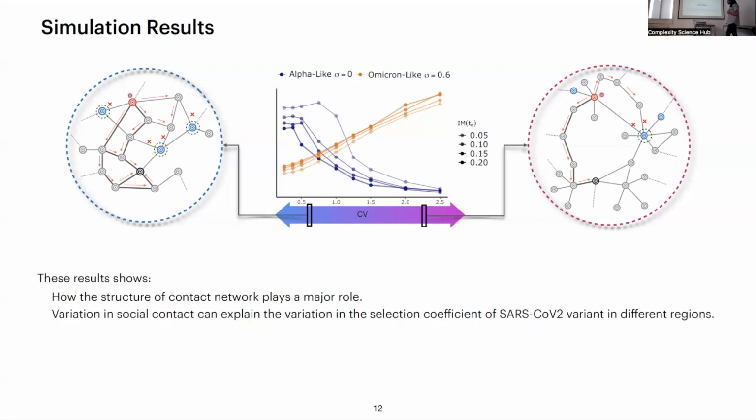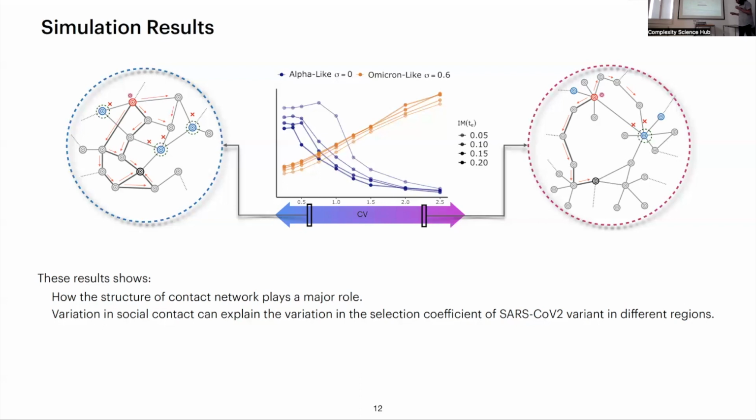So regardless of whether the new variant has the ability to reinfect, what really matters is how fast the new variant can spread, which means how high the transmissibility of the new variant is. So in a more homogeneous structure, the network favors a variant with higher transmissibility.